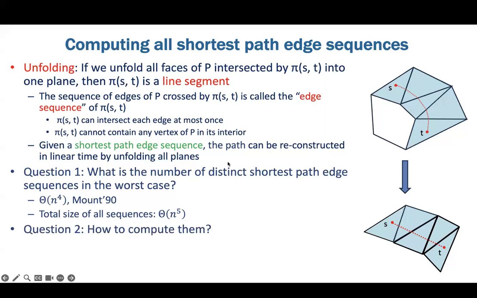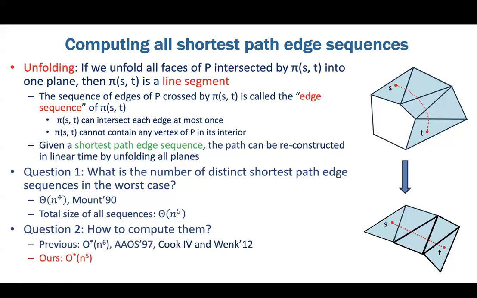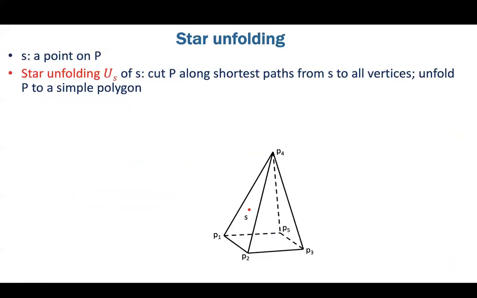The second question is how to compute all these shortest path edge sequences. The previous best algorithm takes n to the 6, so we get roughly a linear factor improvement. If we want to output all these sequences explicitly, this result almost matches the worst case lower bound.